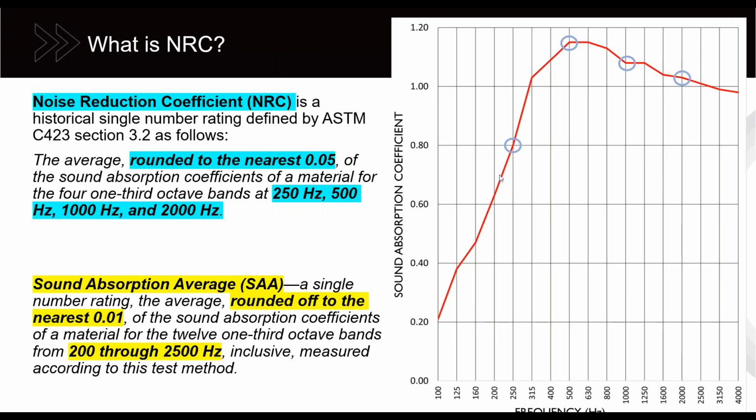So what is NRC? NRC is the classification or single number rating for a test with variable performance across different frequencies. This is an example of a test result for a sound absorption material.